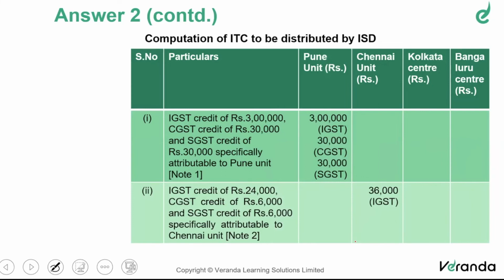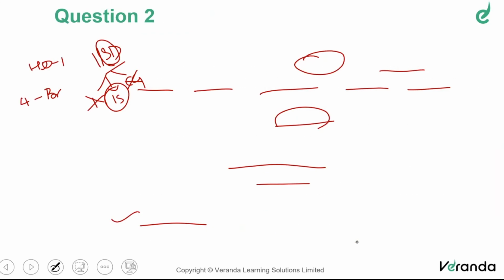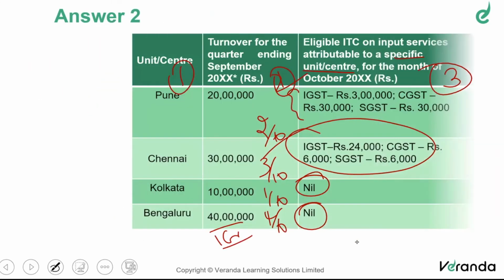So first one is that second part of the question, correct? ITC directly attributable to one unit, that is given. If you can remember, what was there? Pune and Chennai. Let me go back. No problem. So everybody can see this one.